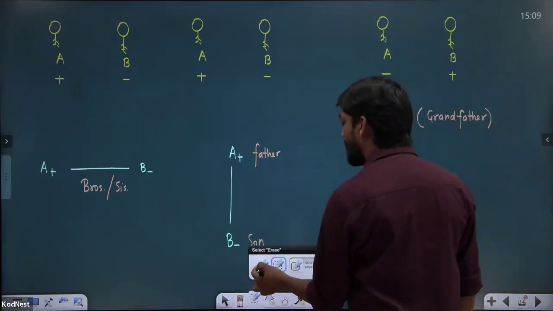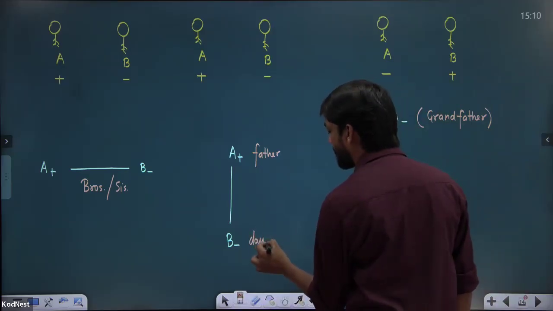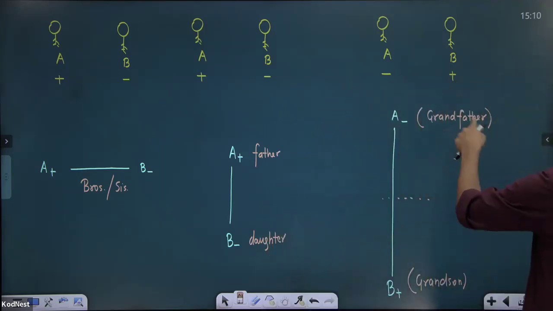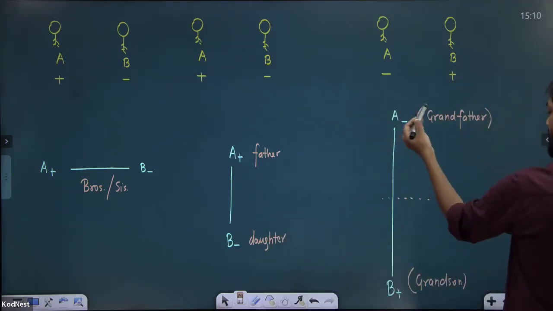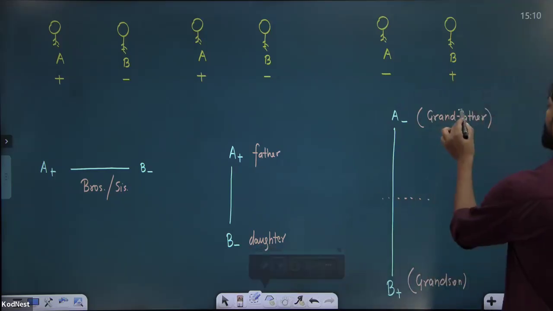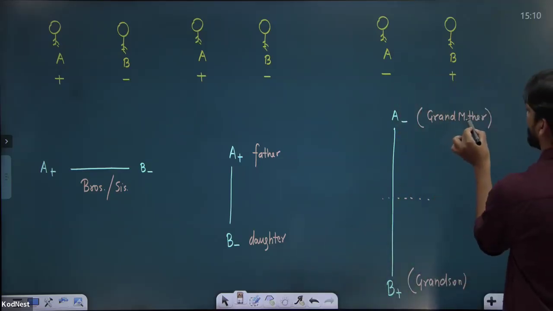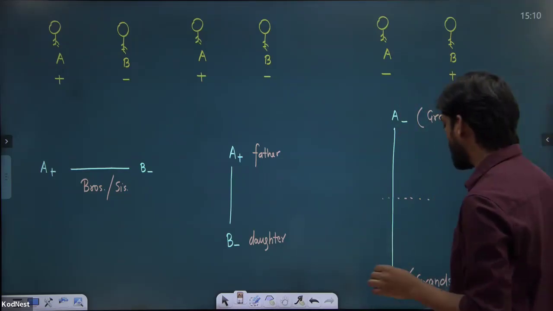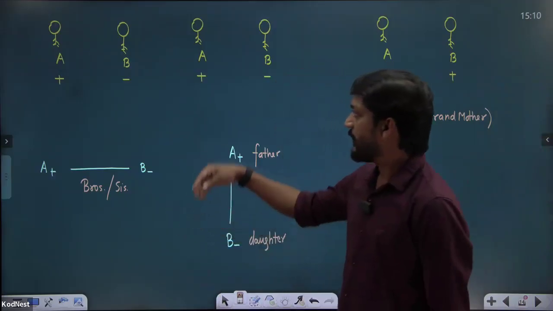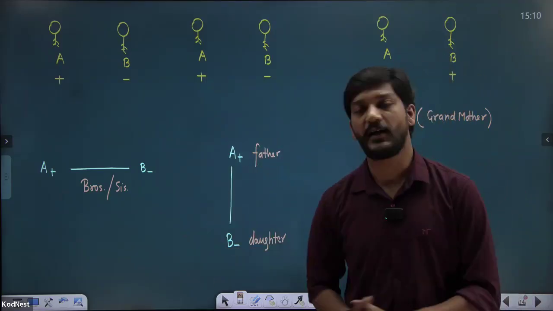Here I will not say son, I will say A is the father, B is the daughter. Now here if I say this is male, this is female person, so I will say grandmother. So based on the gender, we have to change everything, but yes, logically it remains same. Only because of the gender, the meaning has changed, but logic is same.